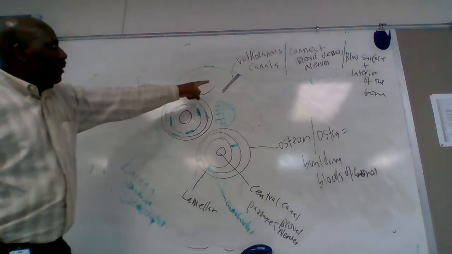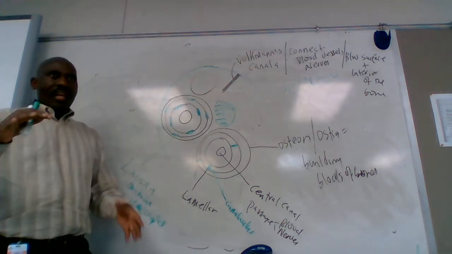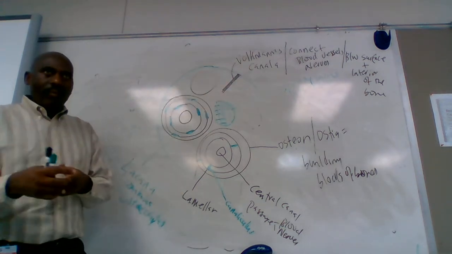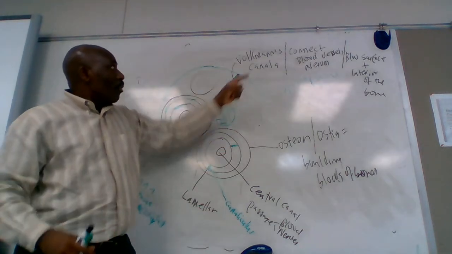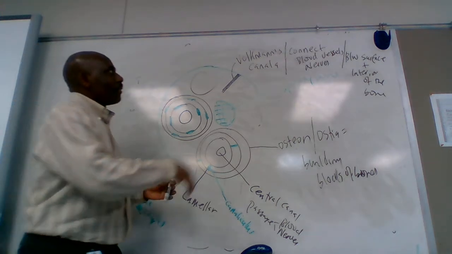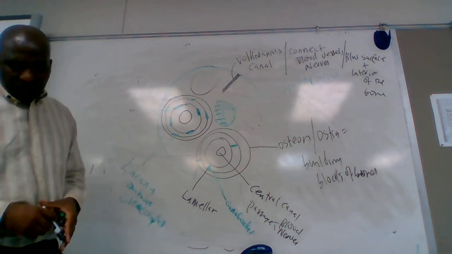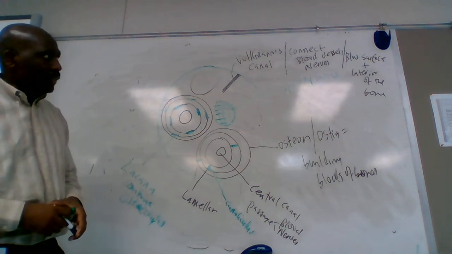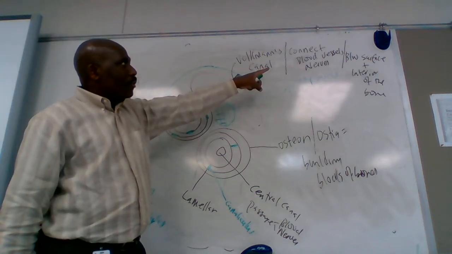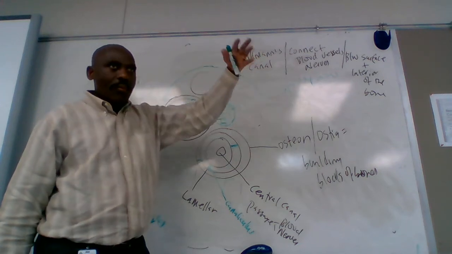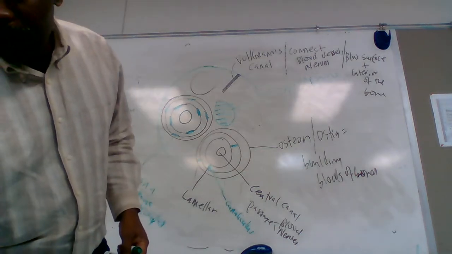We have blood vessels and nerves on the surface of the bone. We also have blood vessels and nerves inside the bone, but they need to be connected together. That is the job of the Volkmann's canal. Sometimes they are also called the perforating canals. So the perforating canals or the Volkmann canals make sure that there is continuity between the blood vessels and nerves on the surface of the bone and the blood vessels and nerves that are inside the bone.